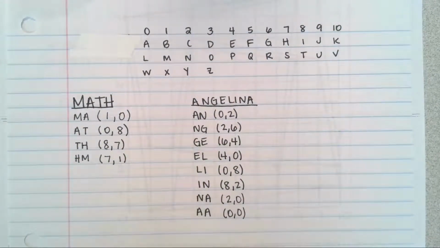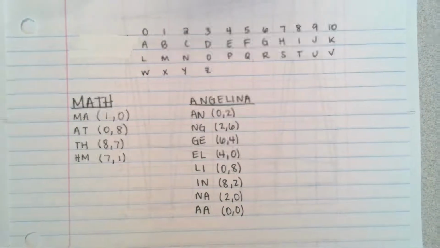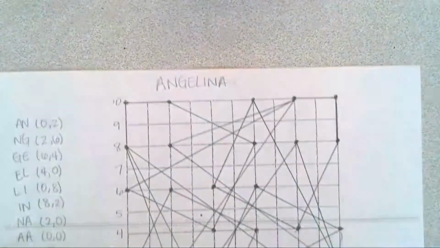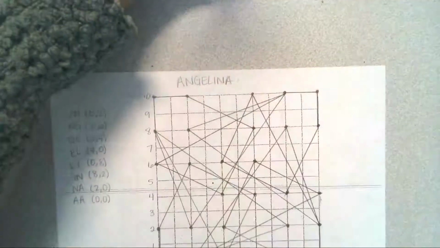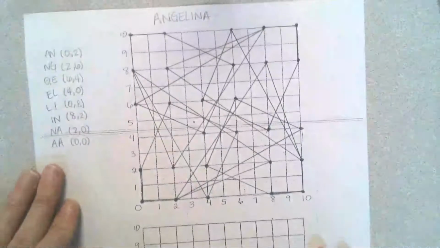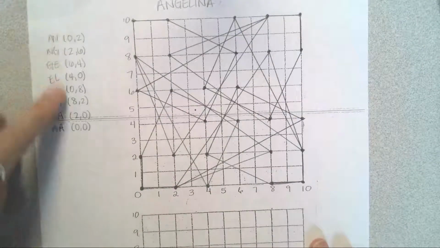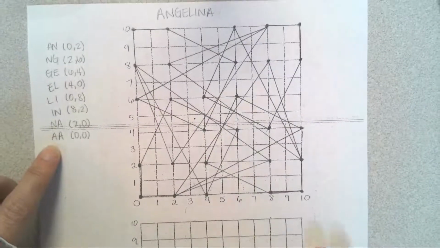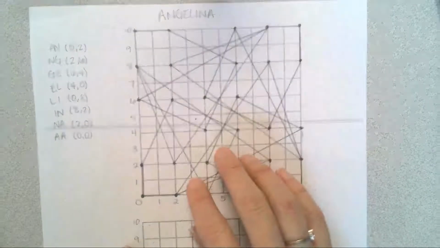Now I went ahead and graphed this for you just so that you could see what you're going to be looking at. And I wanted to show you how crazy these figures turn out to be when you get into them. Because I have so many points in my name, I ended up with this crazy pinwheel looking thing.